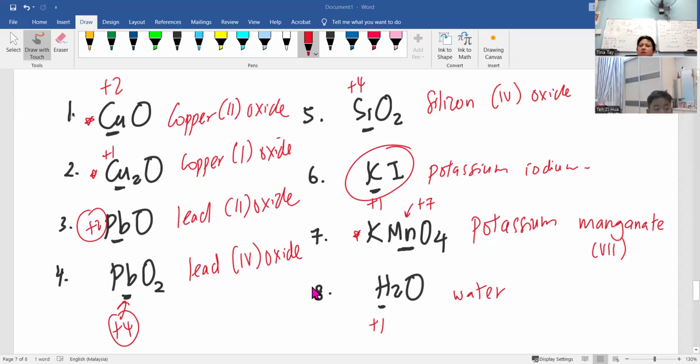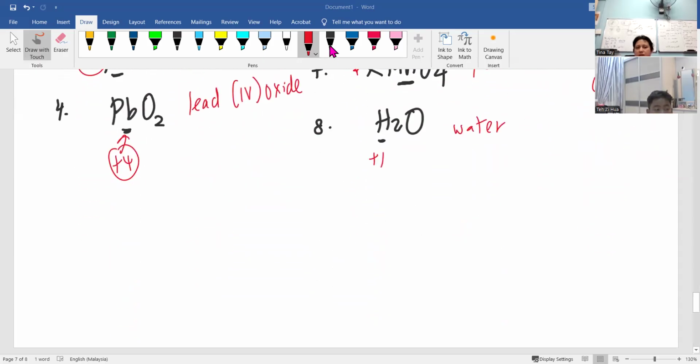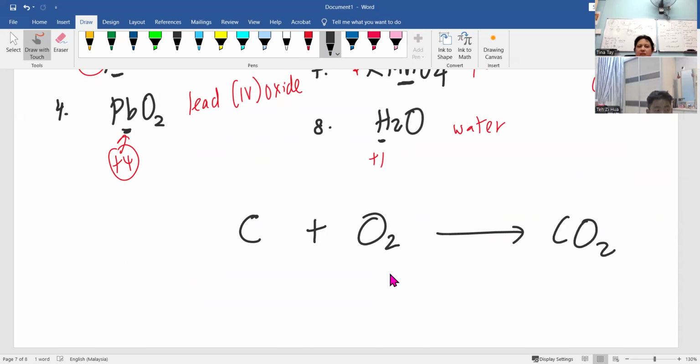Now, you get it? Let's say carbon plus oxygen becomes carbon dioxide. This is an element, so element is 0. This is also an element, so element is 0.